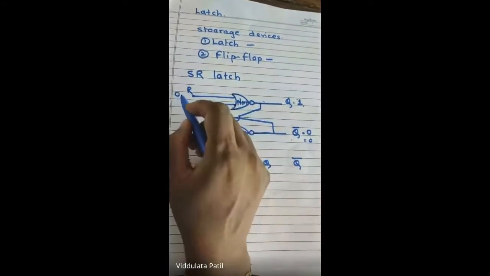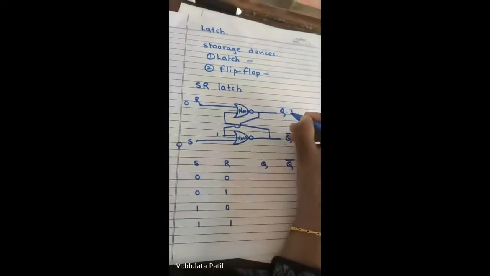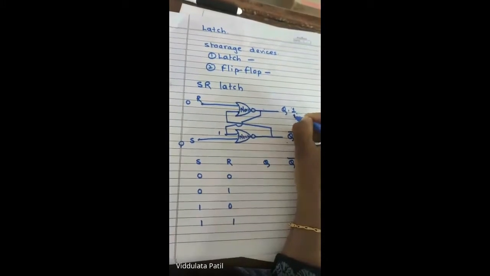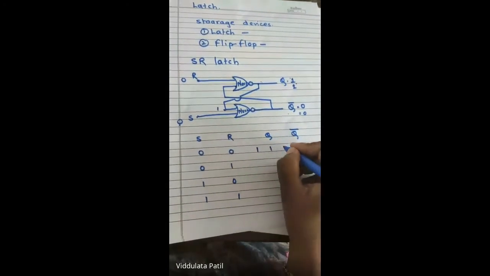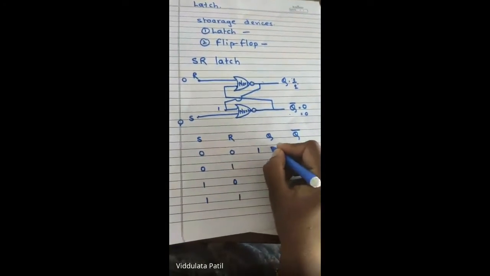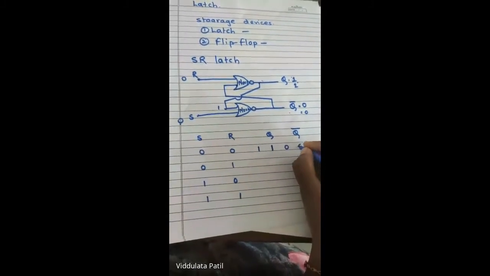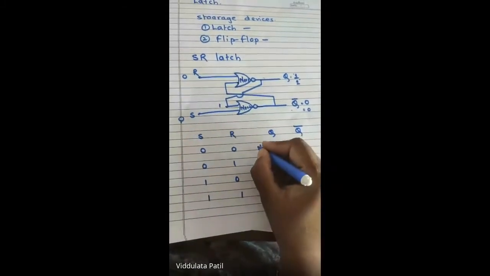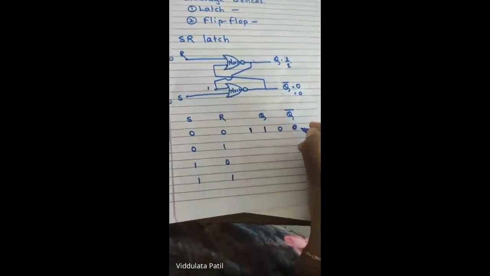Now NOR 1 has both inputs as 0. That means output will be equal to 1. So if the previous state was Q is 1 and Q bar is 0, now in this state also we will get the same output. Sorry, the output is 1 and 0, and it will remain 1 0.